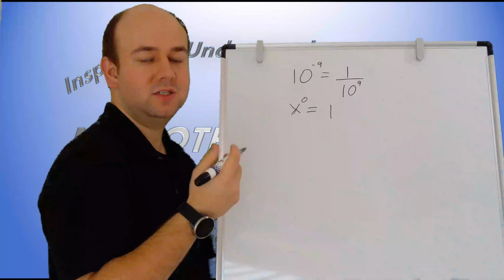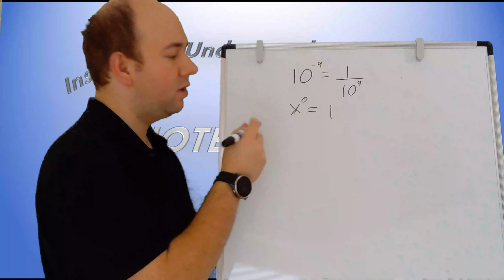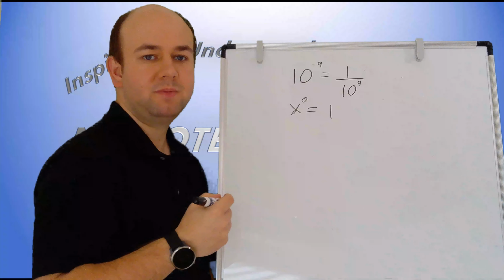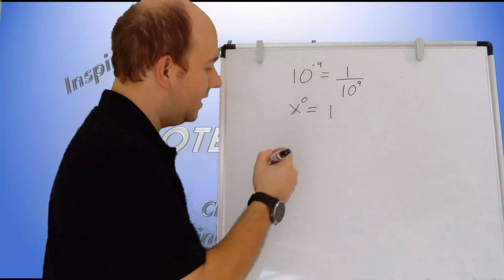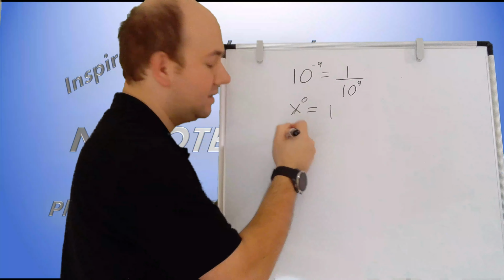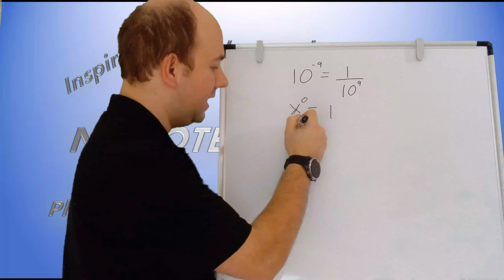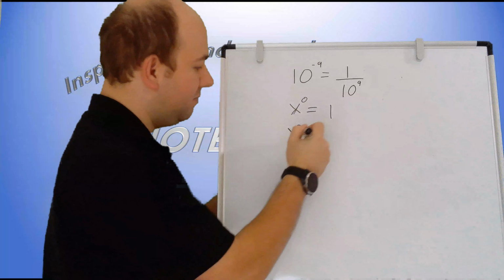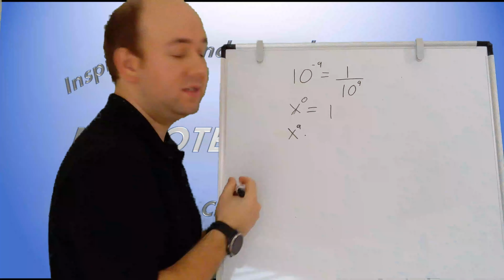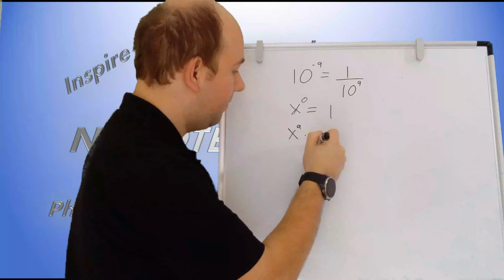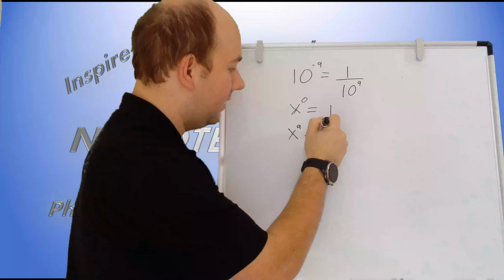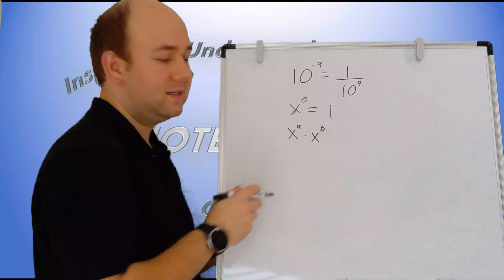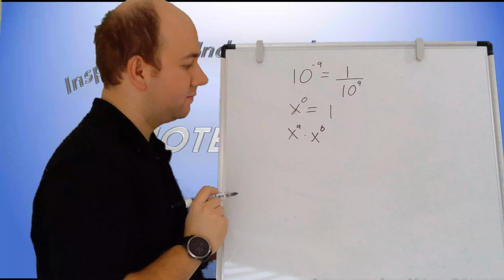Another thing we have to have a rule for is what happens when we multiply exponents together. So let's take x to the exponent a and multiply it, I'm using a dot to represent multiplication, by x to the exponent b.